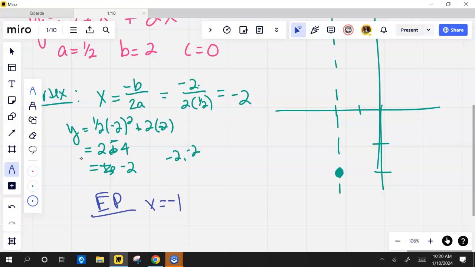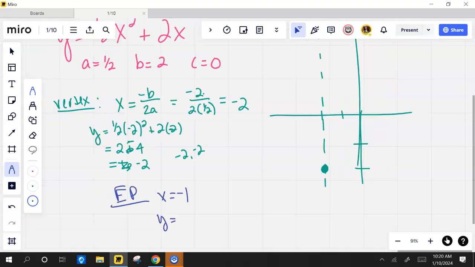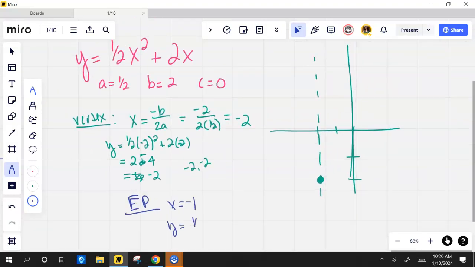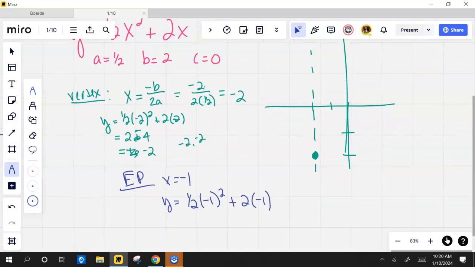Then I'm back to what I had to do with the vertex, where I'm plugging it back in to see what my y is. So here y equals 1/2 times -1 squared plus 2 times -1, which would be -1.5.